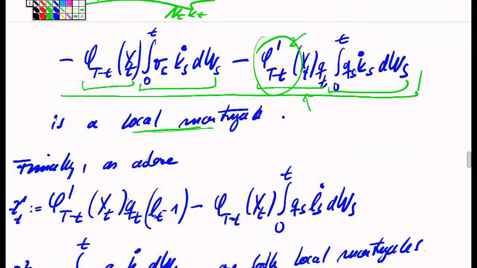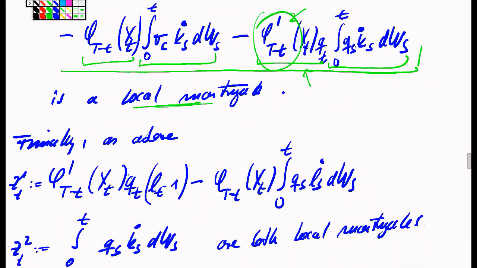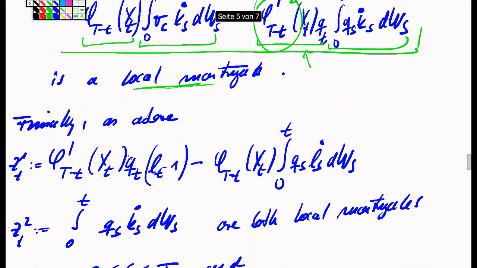And this is done in the following form, by introducing effectively this second control process L in the following fashion. We see that this process here, again by what we did before, phi prime evaluated at X_t times Q_t, is a martingale.